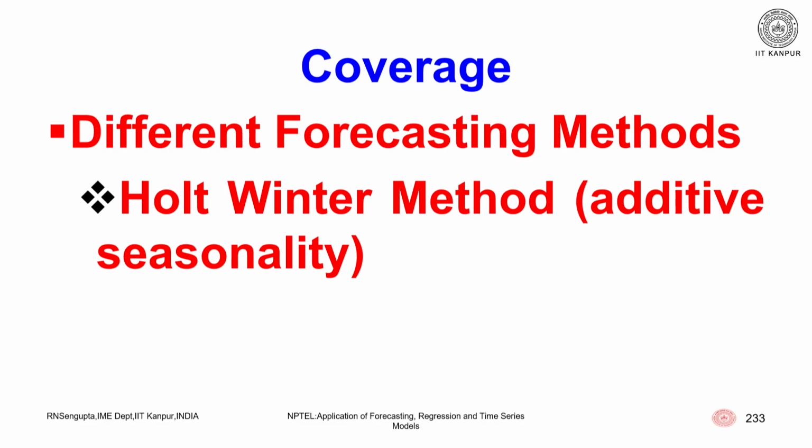Alpha was related to the level, and beta was the concept added for the trend. Level means from which value the data is starting, given by L, and trend is given by B. Trend gives you the per unit time change in the overall data set, where y is the actual data and f is the forecast.